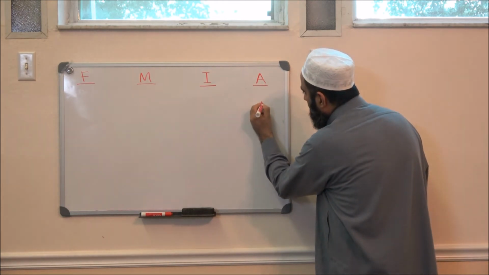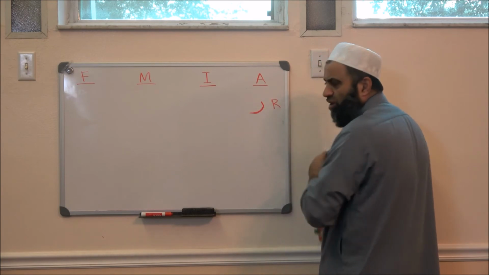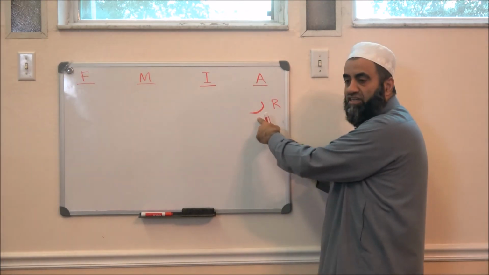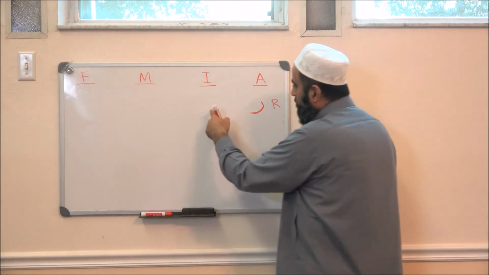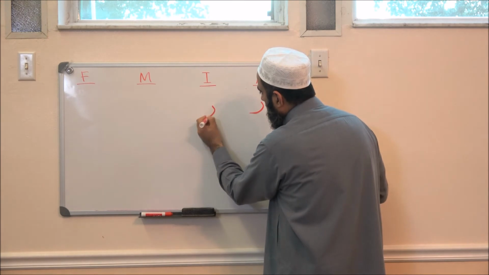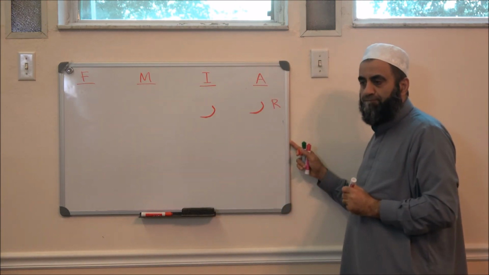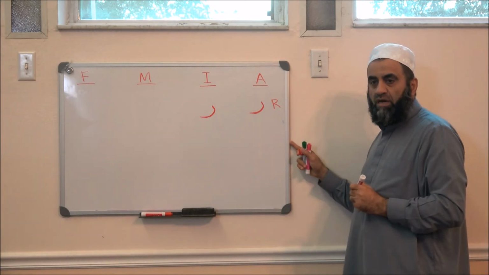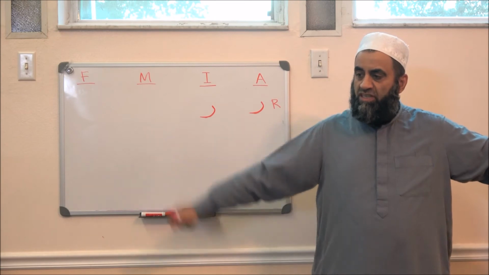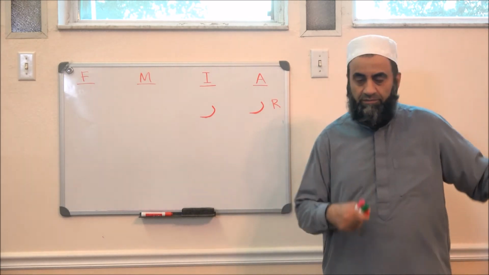Here is the ra, basically an R sound. This is a non-connecting letter, remember? So this would be exactly the same as this one. In the middle, I'm supposed to have connection, letter, connection. But this is a non-connecting letter, so I'm left with connection, letter.